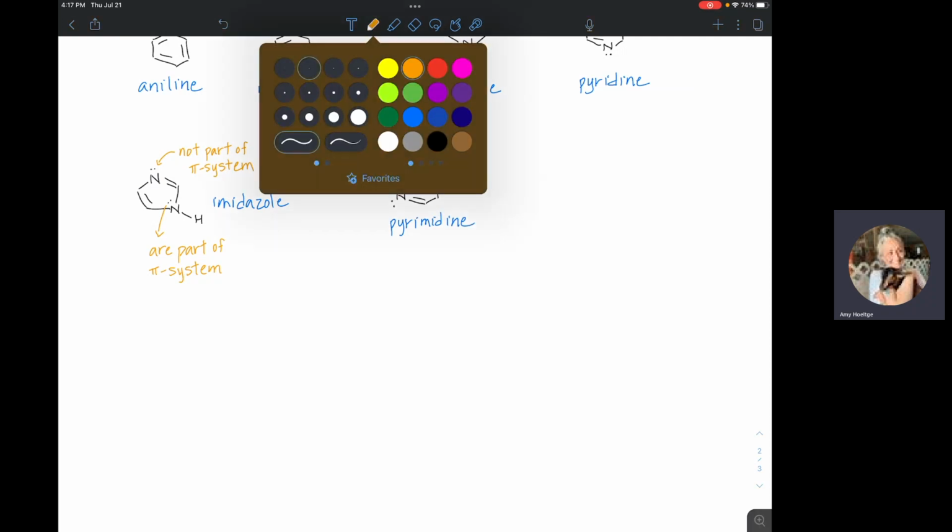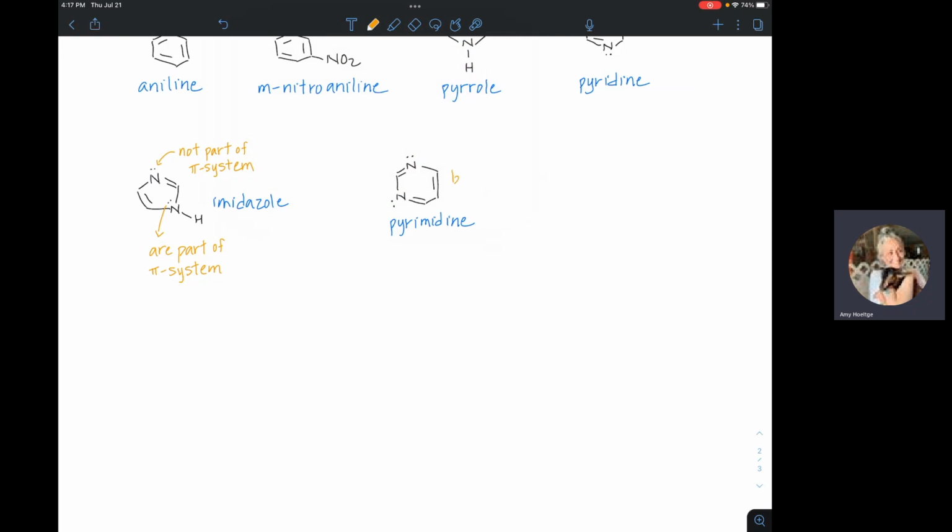And both lone pairs in this molecule, so both lone pairs of electrons, are not part of the conjugated pi system.